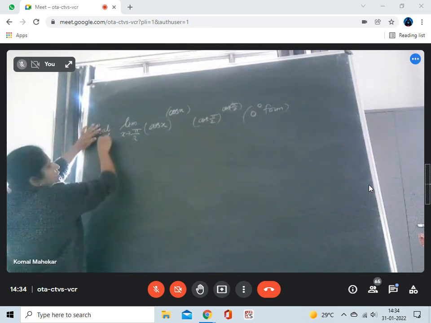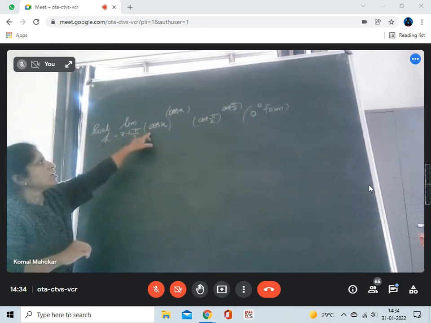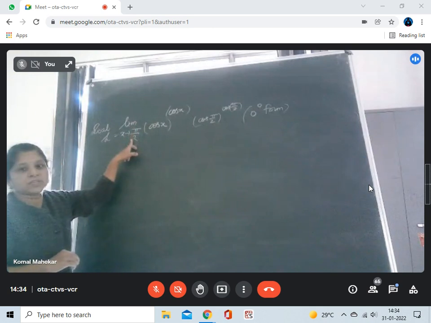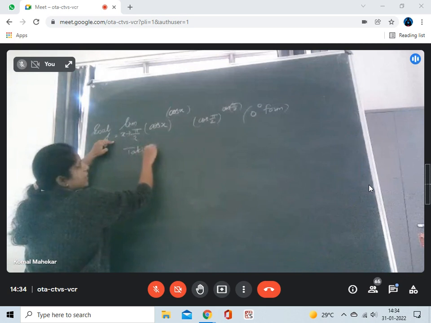So let L is equal to limit of cos x raised to cos x, x tends to pi by 2. Now in the next step, taking logarithm of both sides.